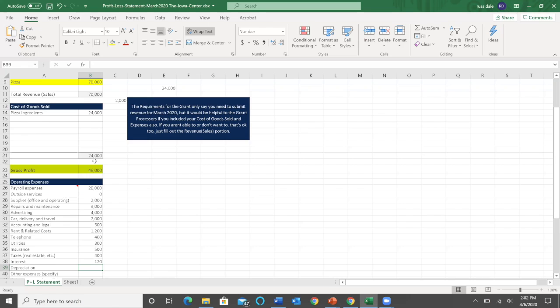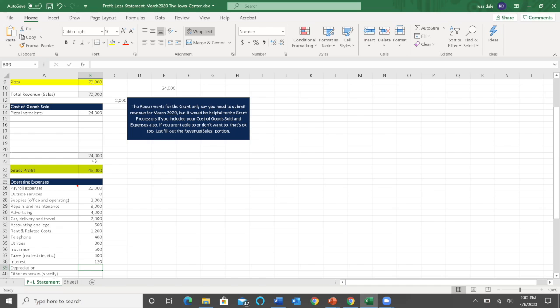Depreciation, we're gonna go really quick into this, but let's say I made a big investment into, let's say, a vehicle. So I paid $20,000 for that. You're probably going to need to talk to an accountant for this or research it online. But let's say I bought $20,000 equipment.